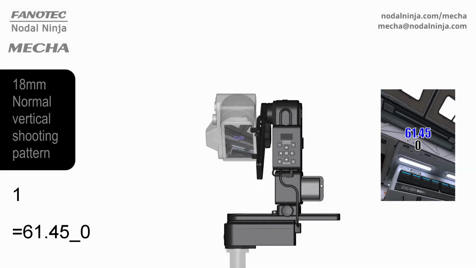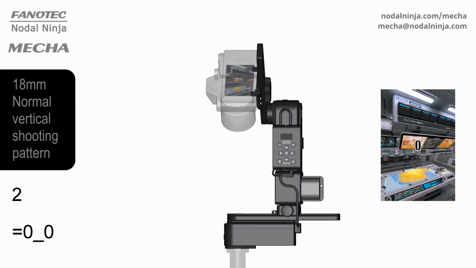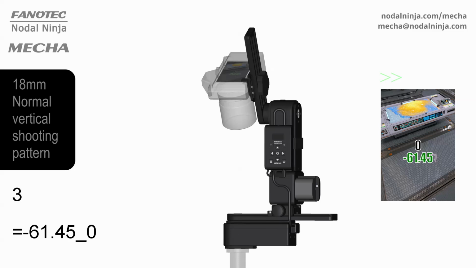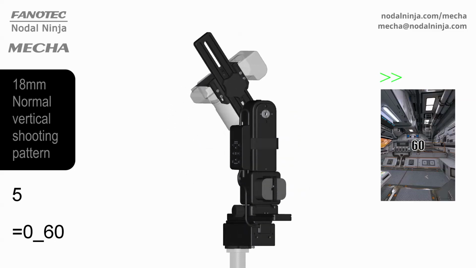Column 1 at 0 degrees yaw. Column 2 at 60 degrees yaw, and so on.